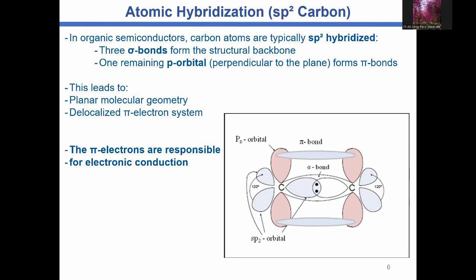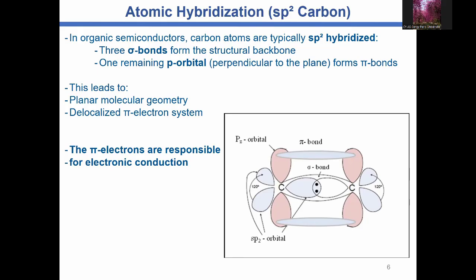Carbon can do hybridization of sp, sp2 or sp3. So in terms of sp2, that means we can combine the orbital s with two orbitals p, so they have the same energy.